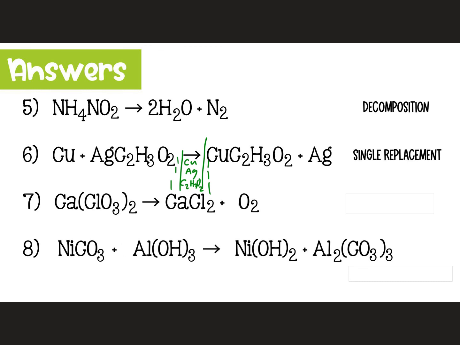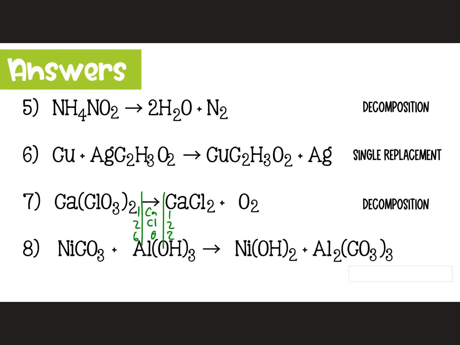In the next example, we have a compound being broken up into 2 substances, a new compound and an element. That makes this decomposition. Since the polyatomic does not stay together, when we balance, we need to consider each atom separately, meaning there is 1 calcium, 2 chlorines, and 6 oxygens on the reactant side, and there is 1 calcium, 2 chlorines, and 2 oxygens on the product side.